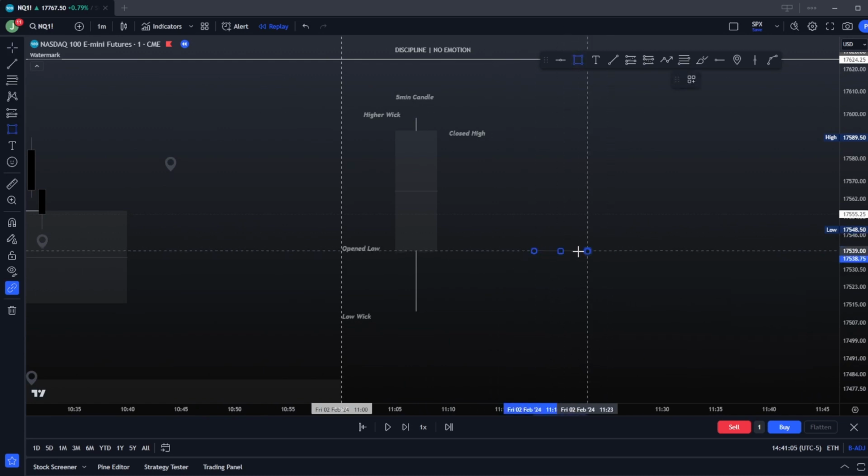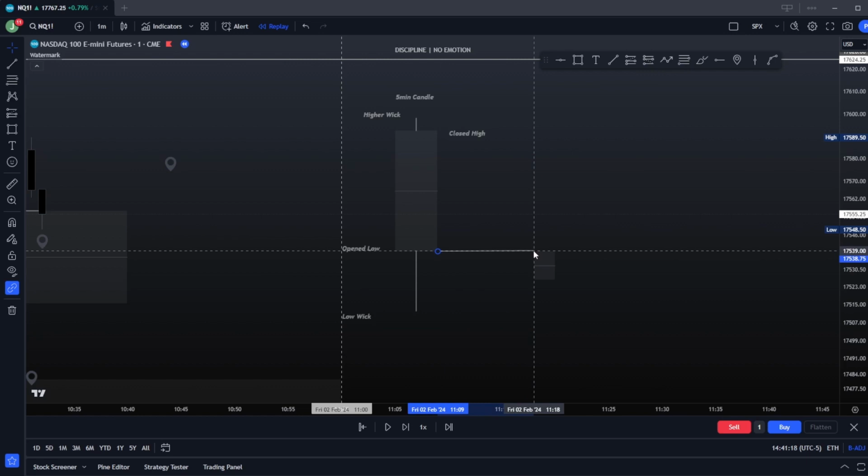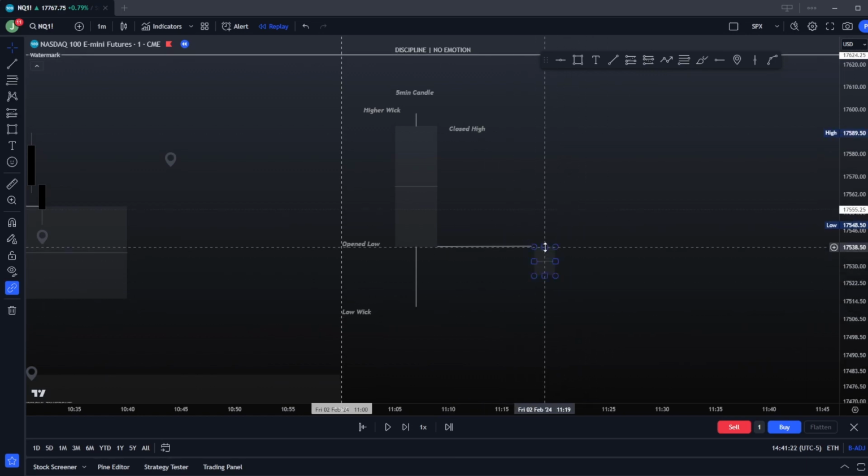Say at the beginning of a 5-minute candle, this is where price opens. It might have a little wick, nothing major.